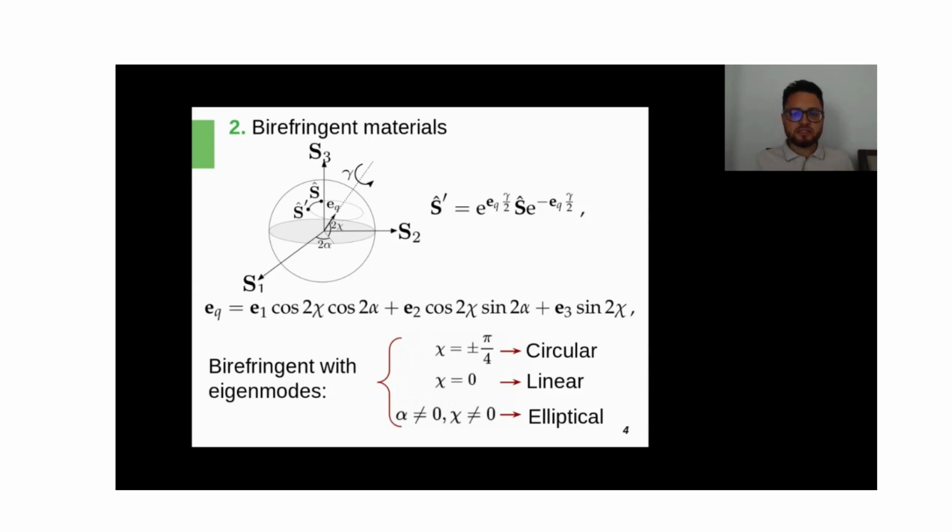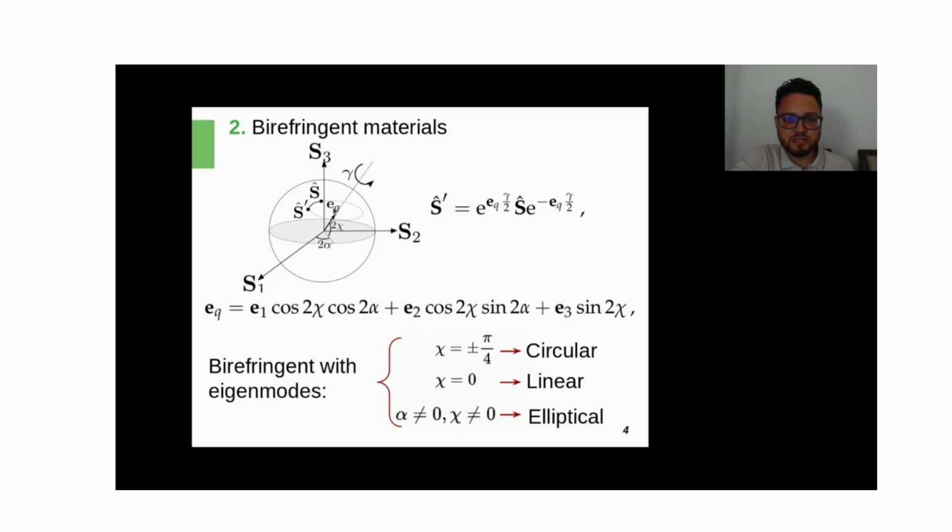Every change in the state of polarized light could be described as a rotation on the Poincare sphere. So in general, the most powerful tools are the geometric algebra approach of Pauli vectors and quaternion algebra.